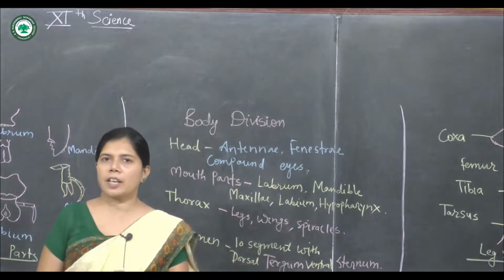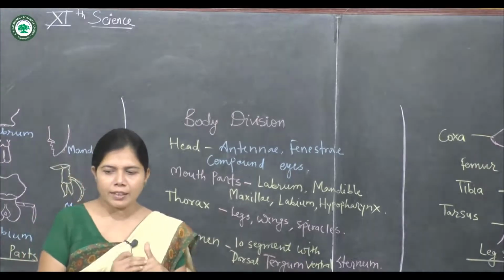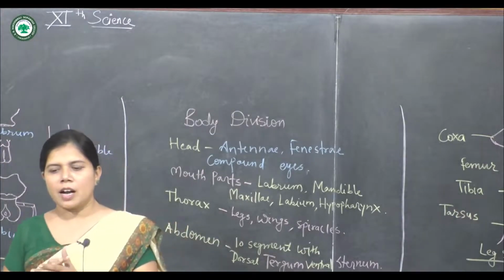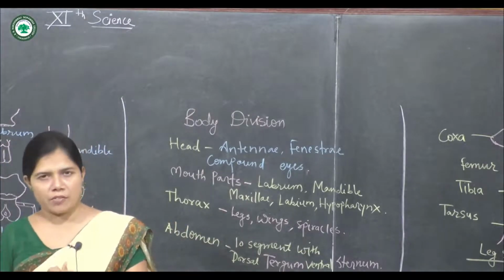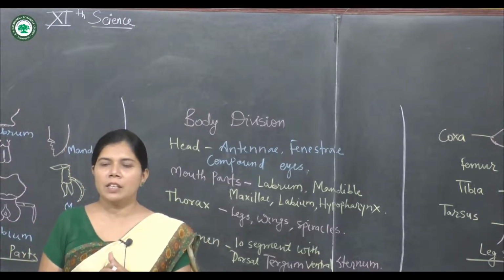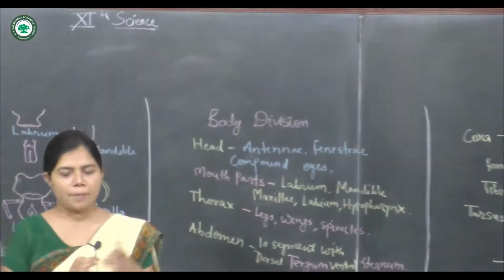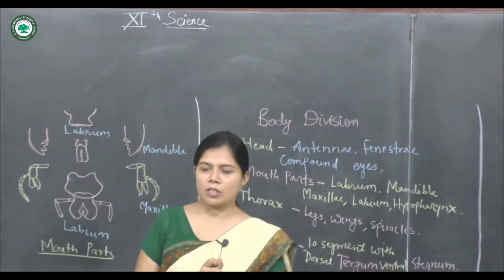The posterior segments are telescoped, and due to this the 8th and 9th terga get overlapped by the 7th, and the 10th tergum projects backward. It is deeply notched.